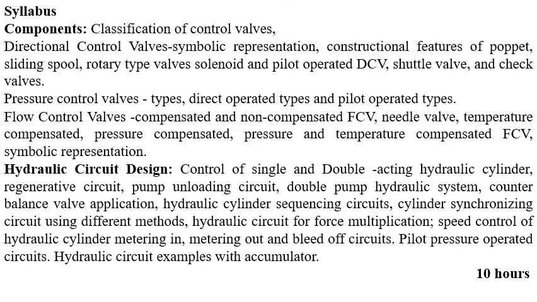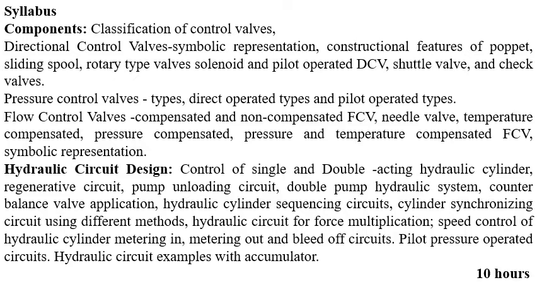In the second part, hydraulic circuit design, several circuit designs are given for different applications using single acting cylinders, double acting cylinders, and different kinds of valves like counterbalance valves, sequencing valves and check valves. These are all covered in the hydraulic circuit design.